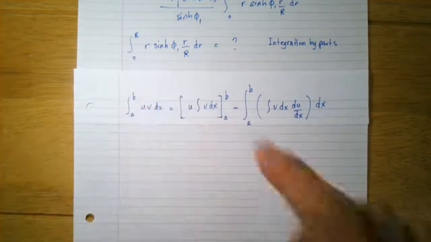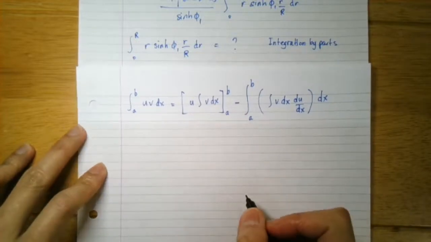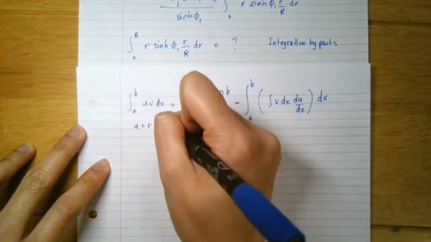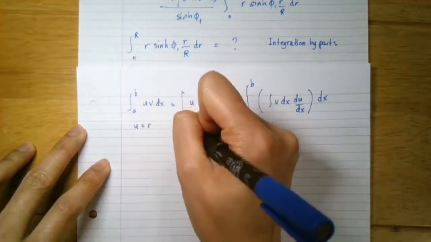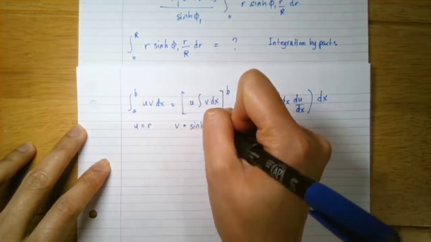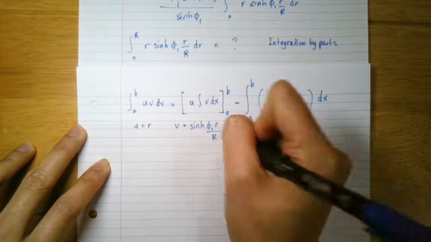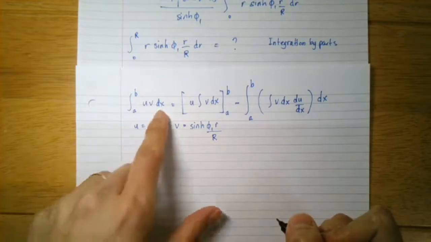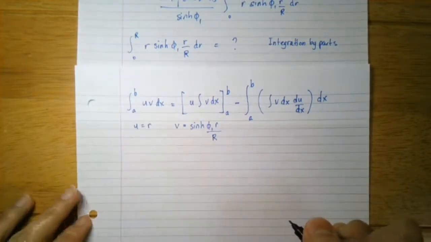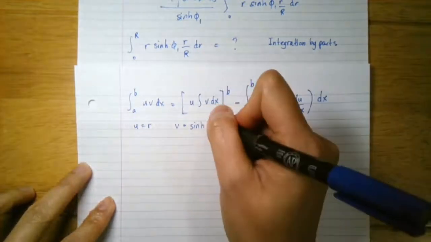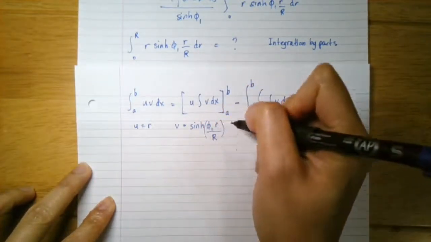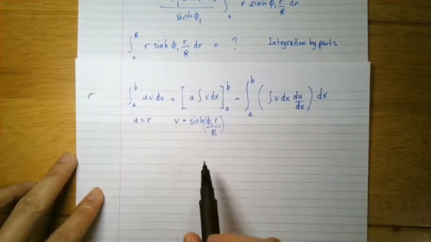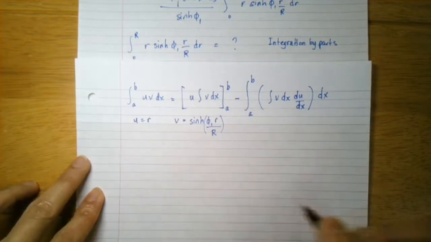So in our problem here, that means that we can define u as r, and then v is the other function, which is sinh of φ1 r over R. Okay, so now we just need to apply the formula for integration by parts. I'll put the argument of the sinh function inside the bracket, so it is not confusing.